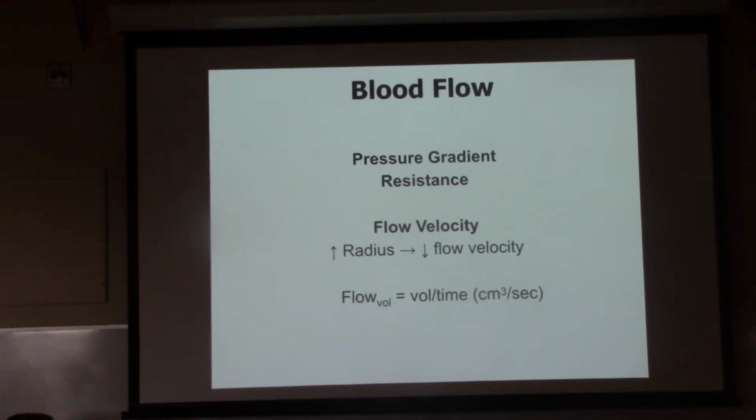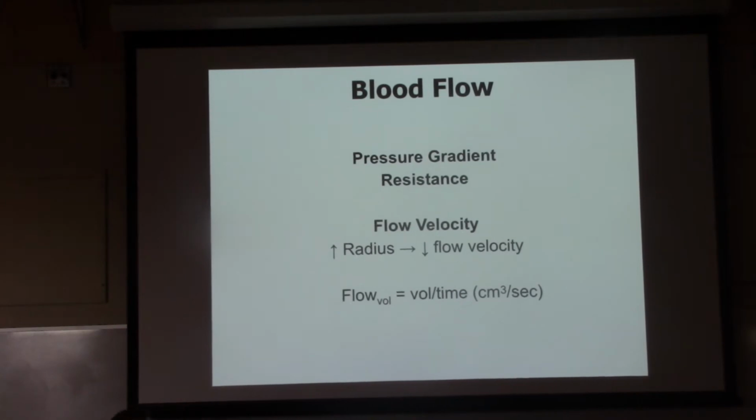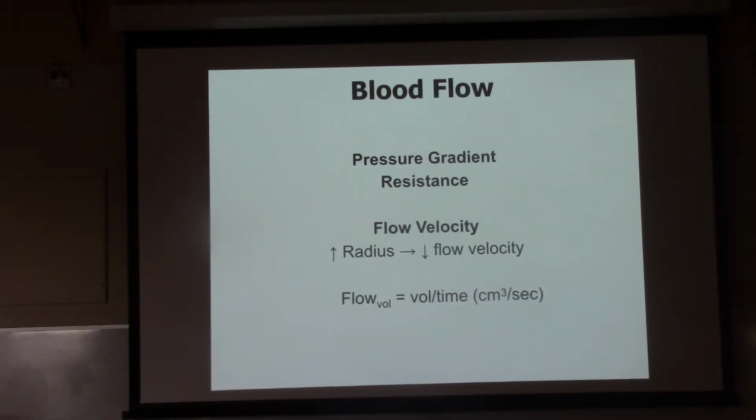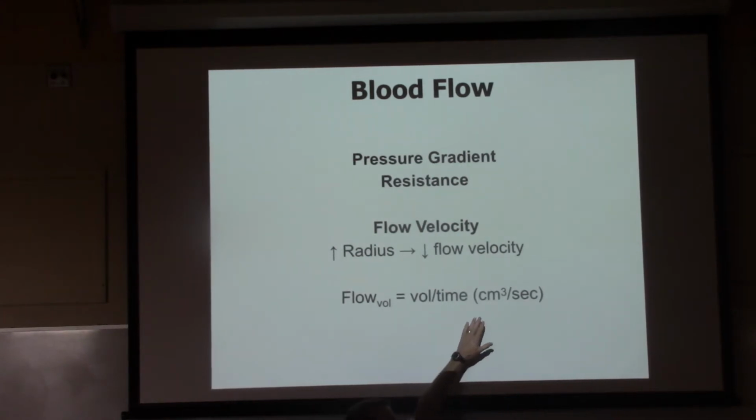To understand that, we need to make sure we understand what flow by volume is. That's the volume of blood per time going through the vessel. And we could use the units of centimeters cubed per second. Usually we're going to measure volume in either liters or milliliters. But for this purpose, and I think it'll be really obvious pretty soon, we're going to use centimeters cubed for volume.